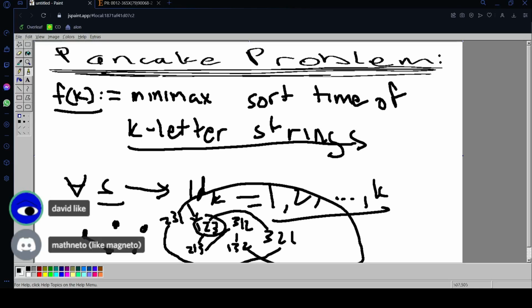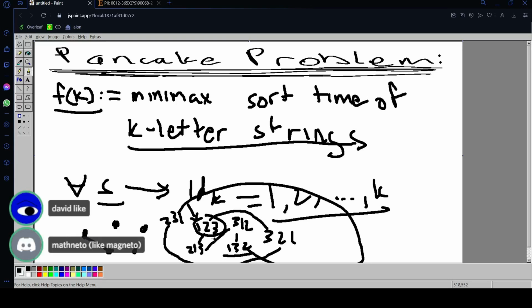This is a cycle, so this is distance 1, 2, 3. This one has to be the furthest away. There's a 3-edge path from here to this one, and everybody else should have shorter because it's a cycle.